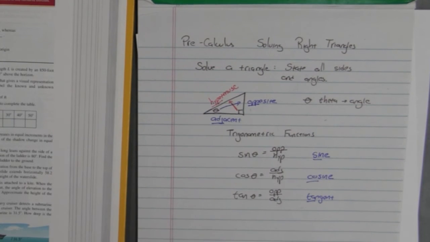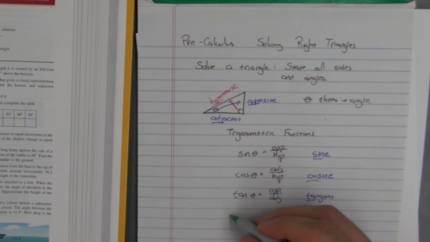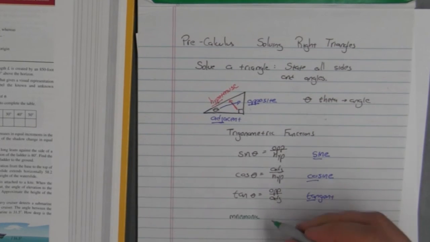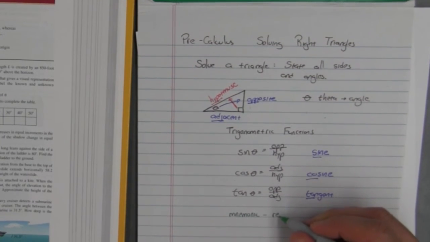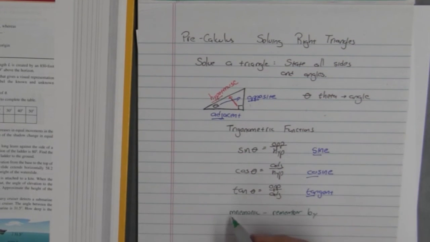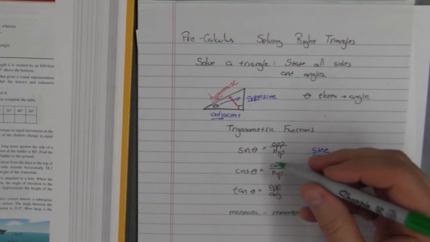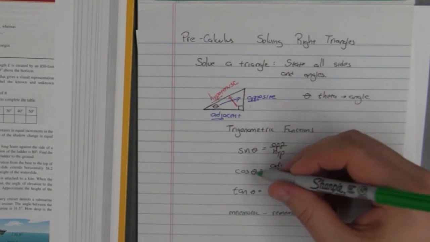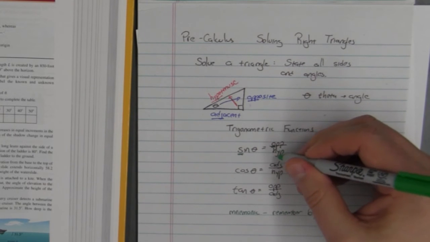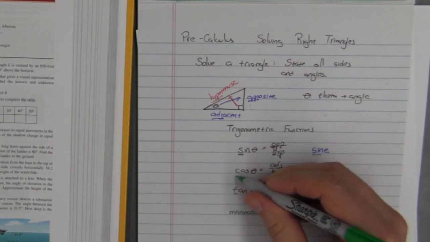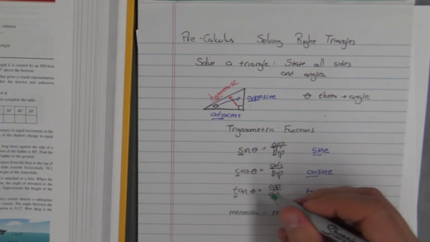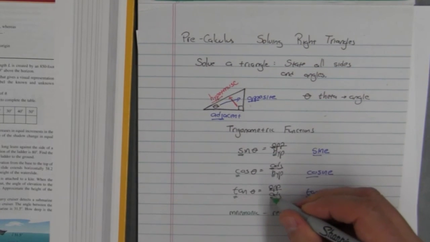Many people write a mnemonic. Mnemonic is a Greek word that means something we use to remember something by. The mnemonic, a weird word that starts with MN, that people use for sine, cosine, and tangent is we just use the first letters. Sine, opposite, hypotenuse. Cosine, adjacent, hypotenuse. Tangent, opposite, adjacent.